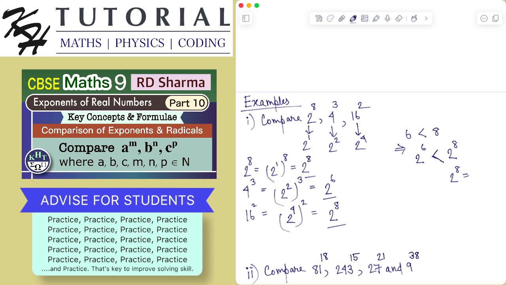So since 6 is less than 8, obviously we will have 2 to the power 6 is less than 2 to the power 8.